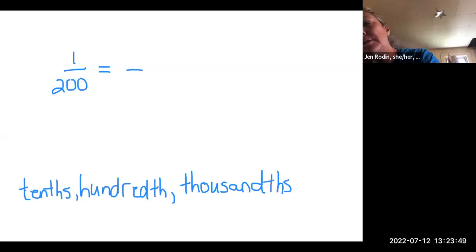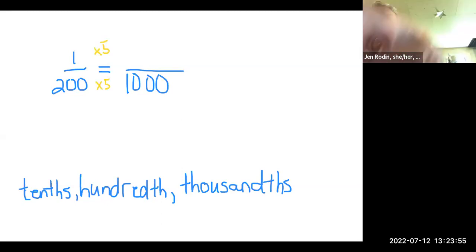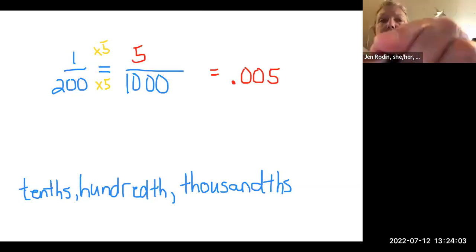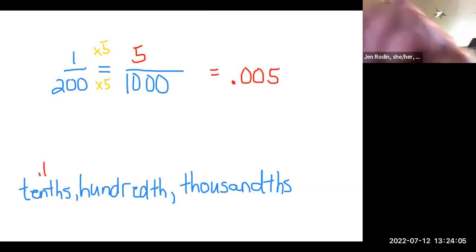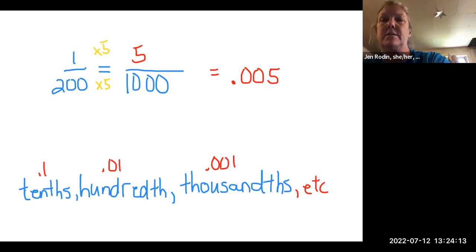So over 1,000, if I could get this into an equivalent fraction. And then I can write that in decimal form if I'm comfortable with those. Like 1/10, here's 1/100th, here's 1/1000th, etc. It goes to 10,000ths next. So those are our place values on the decimal side.